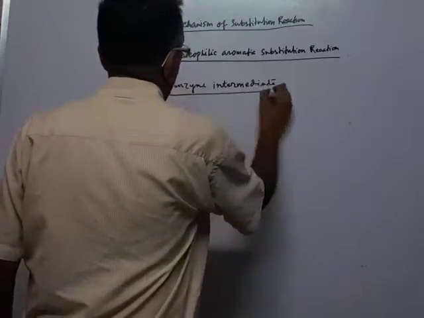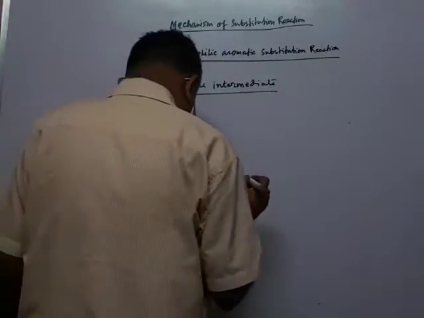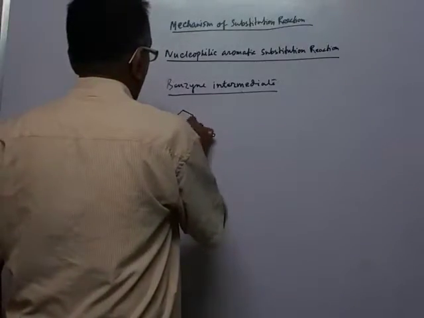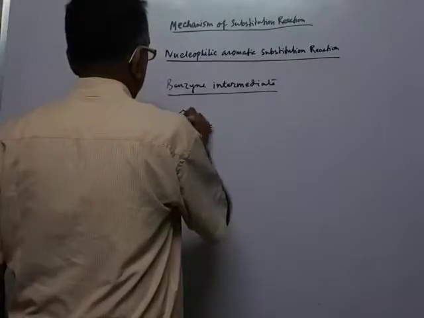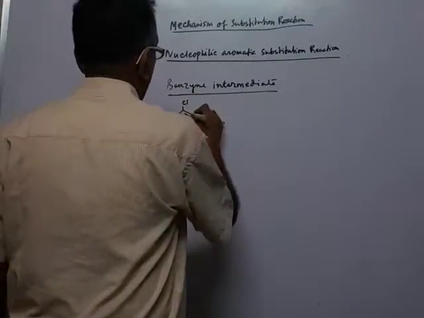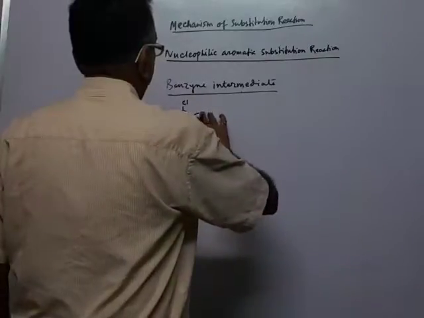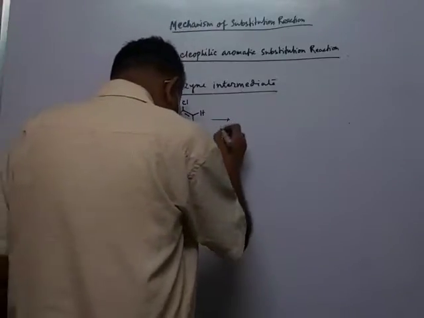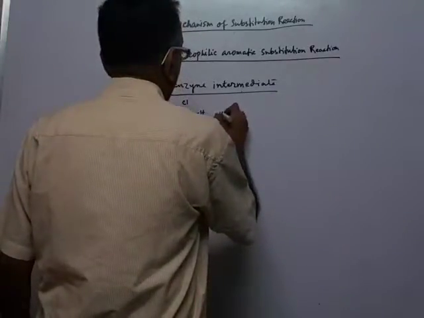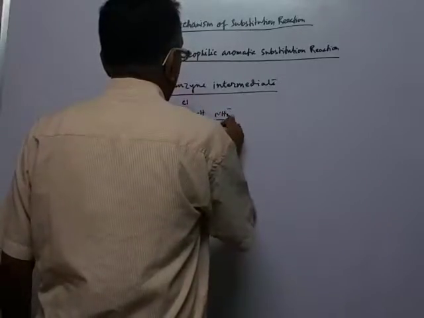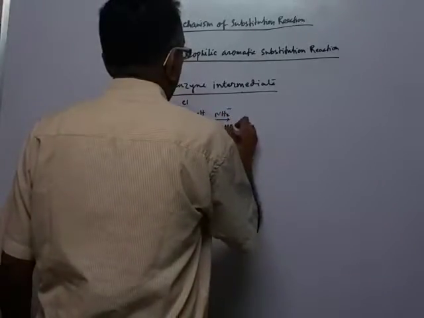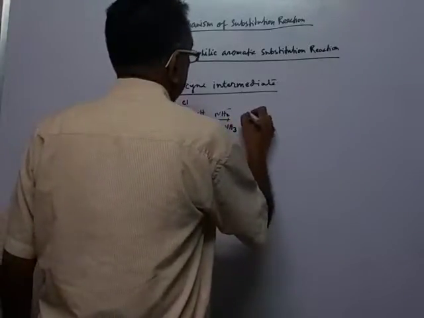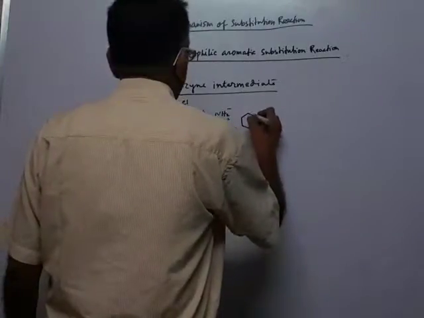And this benzyne intermediate is formed like this: if we have this type of halobenzene bearing a hydrogen, and it is treated with amide, NH2 minus, in liquid ammonia, we get this compound.